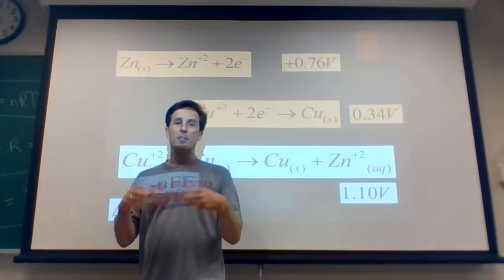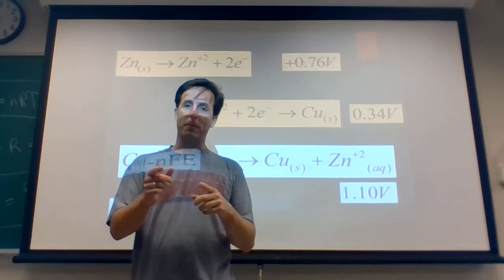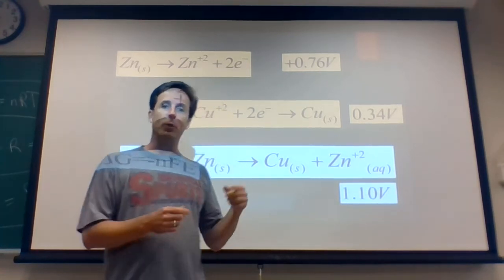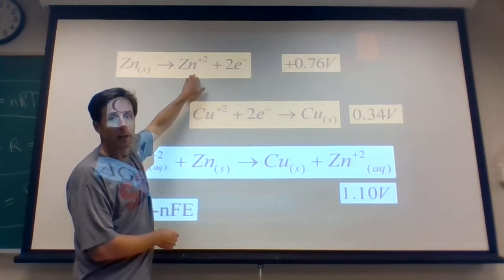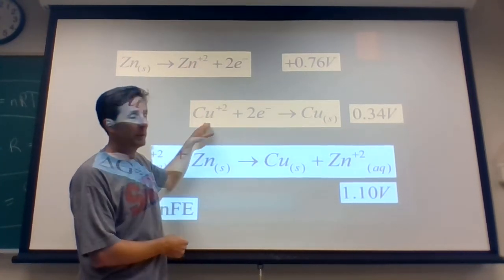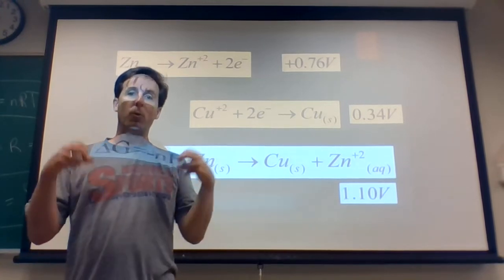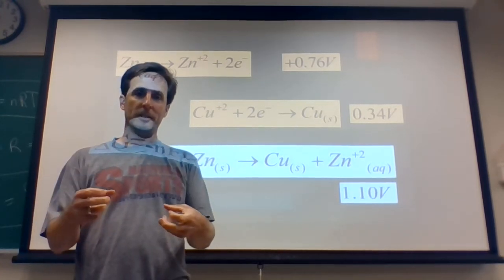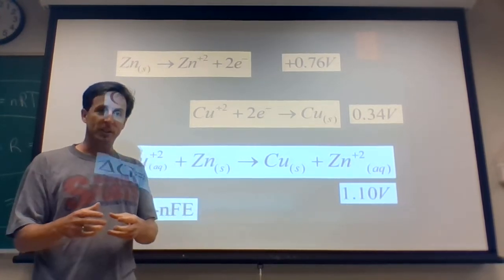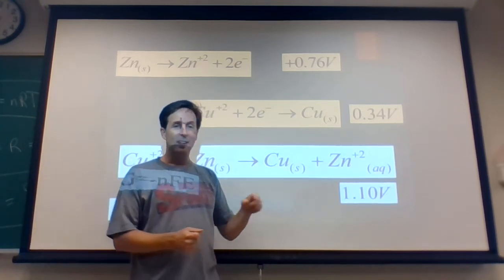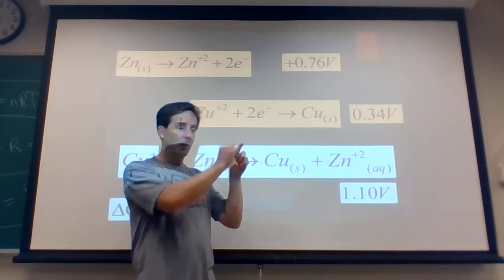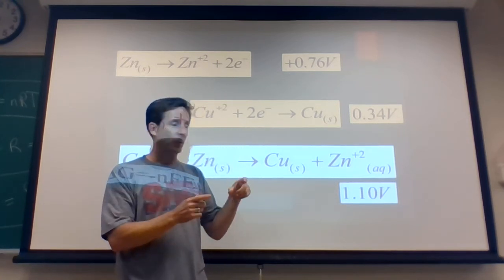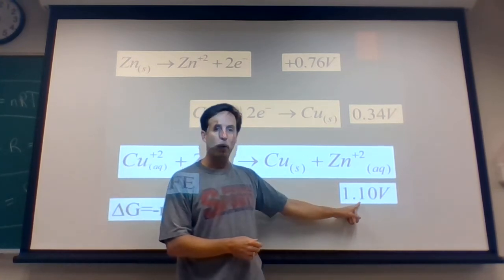If we're doing this under standard conditions, and if you remember from the last chapter, standard conditions would mean that all the aqueous ions, so the zinc plus 2 is going to be an aqueous ion, the copper plus 2 is going to be an aqueous ion, if they were both 1 molar in concentration, those are standard conditions, then the E value, which we write with the naught symbol, that's the standard cell potential for this reaction, would be 1.10 volts.